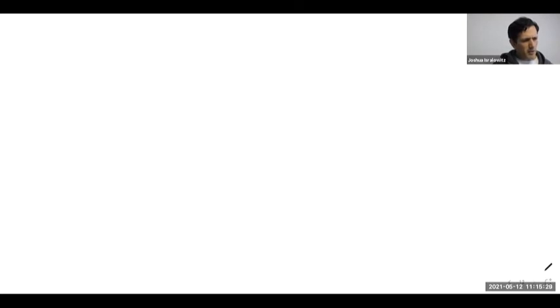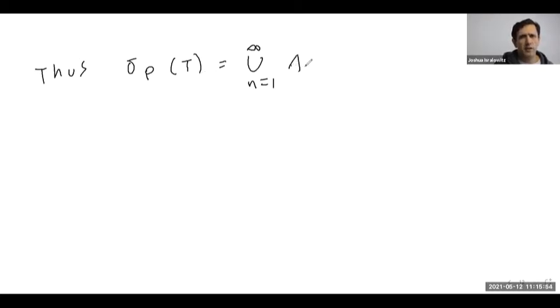Okay, so now we're almost done. Just a reminder of what I said: this says that sigma p of T is going to be this union. If you have an eigenvalue that's not 0, then it has to be bigger or equal to 1 over n for some natural number n.